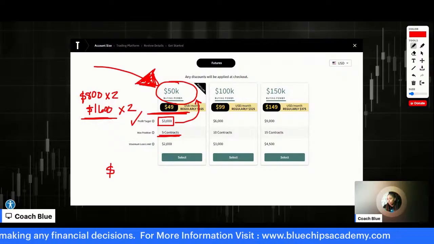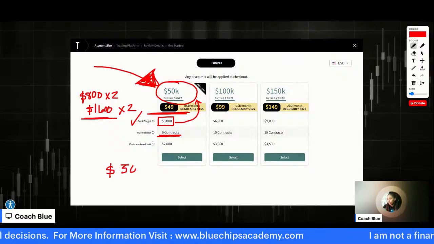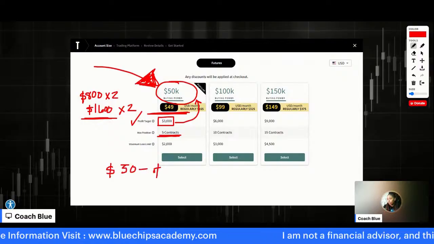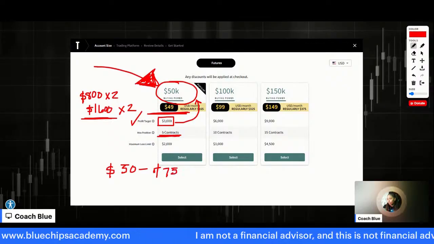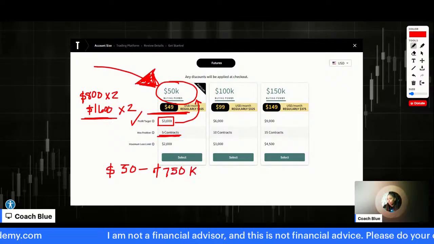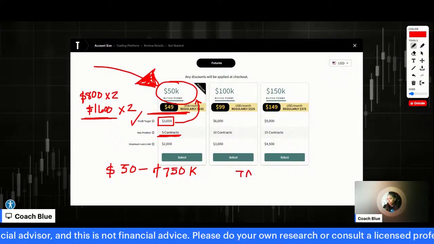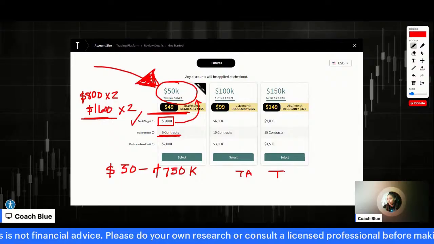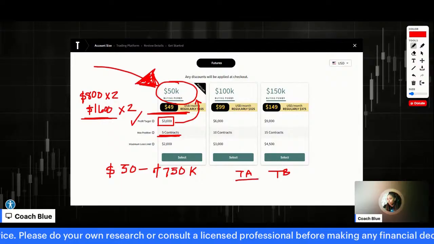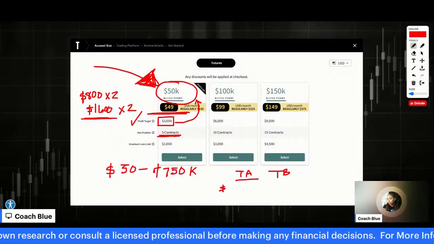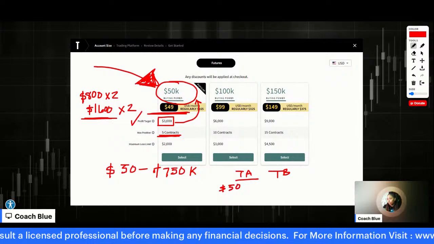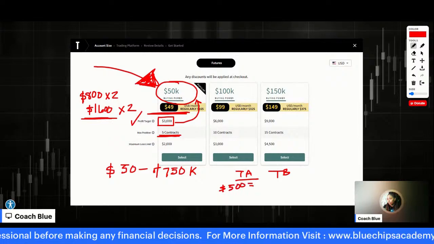So right now, we're working on scaling from 50,000 to 750,000 worth of funding. You have trader A. I use trader A and trader B a lot in class, but we'll just use it for this instance. Trader A put up $500 of their own money, and let's say they made 15% for that month.